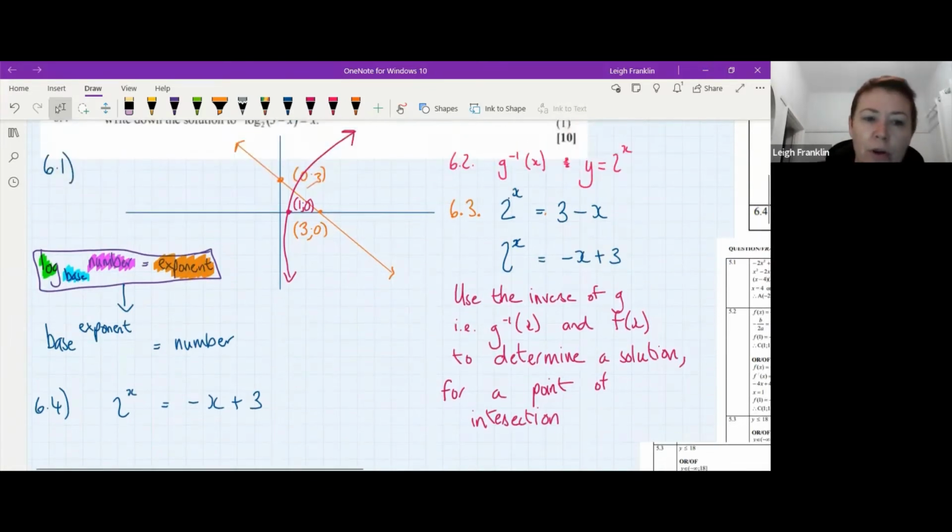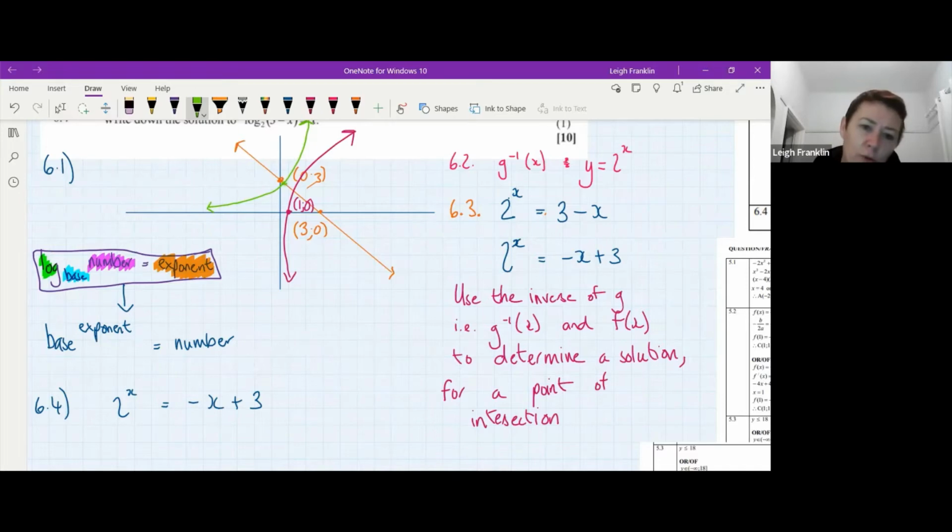So the graph 2 to the x would look something like that. And we've now got to figure out where this point of intersection is. So we can see that the point of intersection has to take place in the first quadrant. So we know that x has to be positive.